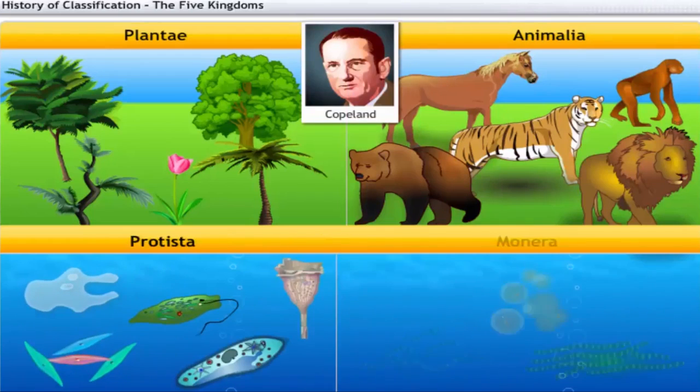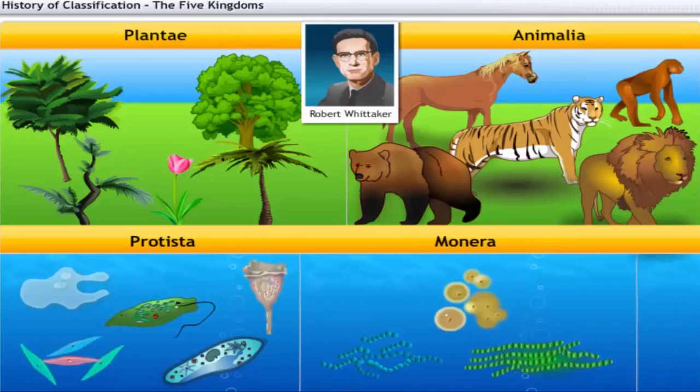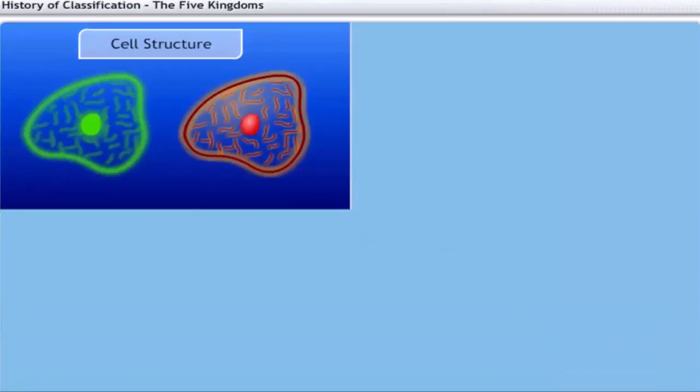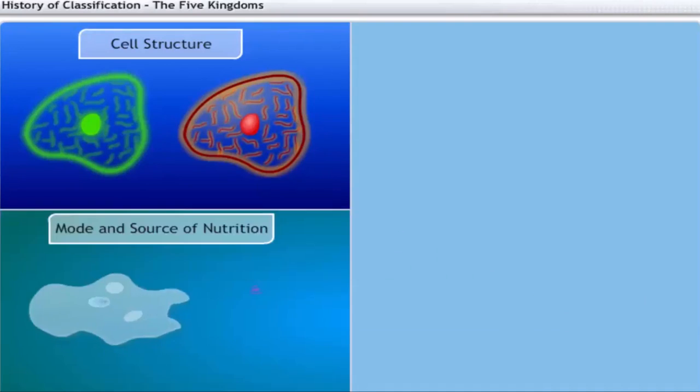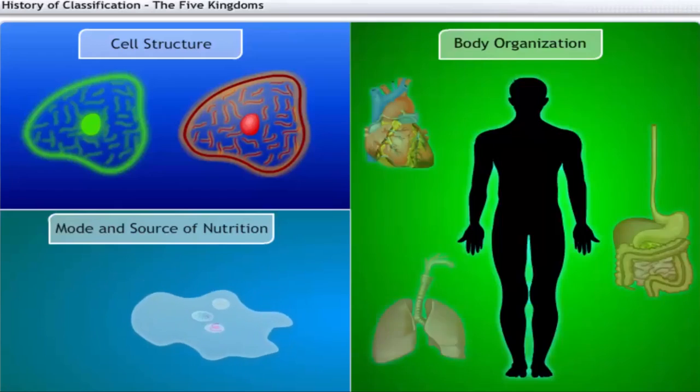Copeland introduced Monera to include all the prokaryotic organisms. In 1969, Whittaker proposed Mycota to include fungi. This led to a 5-kingdom classification proposed by Whittaker, which is still used today. These kingdoms were formed on the basis of cell structure, mode, source of nutrition, and body organization.